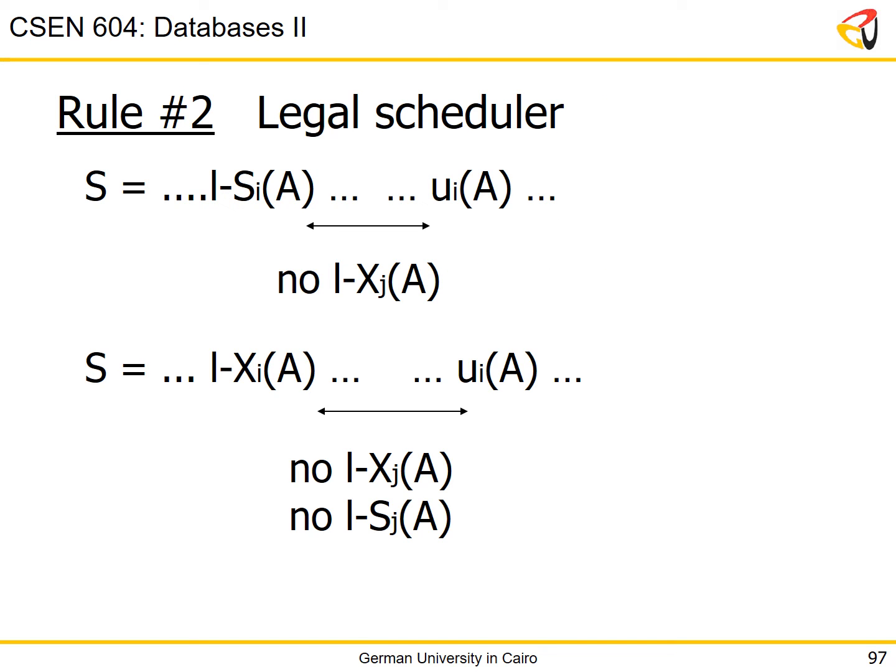The operating system is also behaving correctly along with the scheduler, which means that if the scheduler gives a transaction access to a specific resource using a shared lock, the operating system should never give another transaction an exclusive lock on that same resource. But it's okay to give a shared lock. And if a transaction requests an exclusive lock, no one else will get either an exclusive or shared lock, because this transaction is about to write and we don't want to corrupt the data.